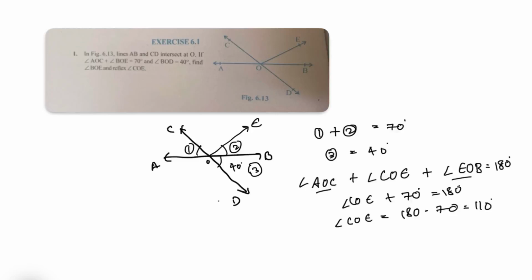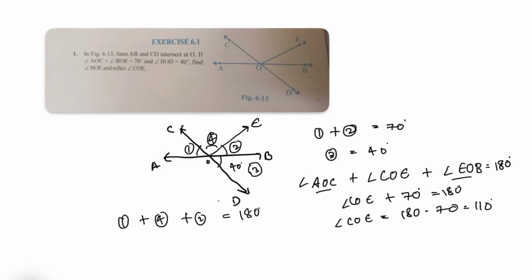Now the second part. So we also have to find angle BOE. For this, what we'll do is, see, we know that AB is a straight line. So angle 1 plus 4 plus 2 is equal to 180 degrees, right?